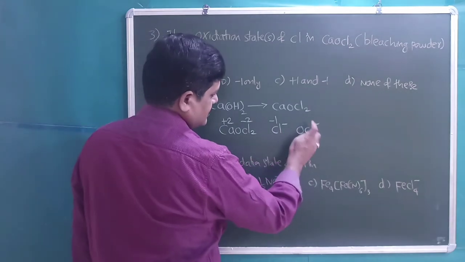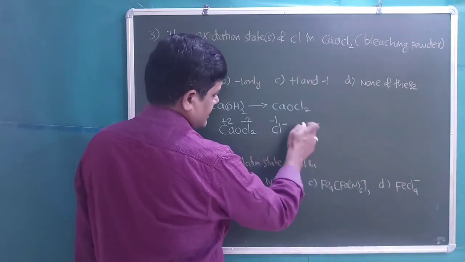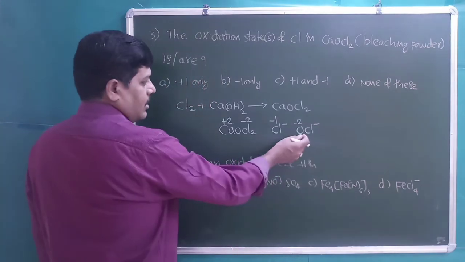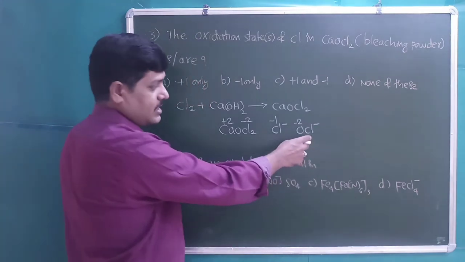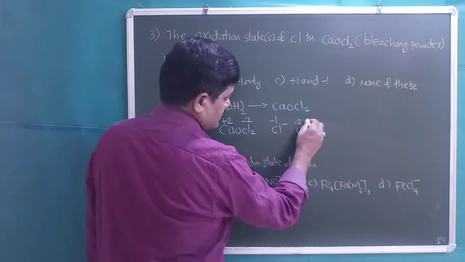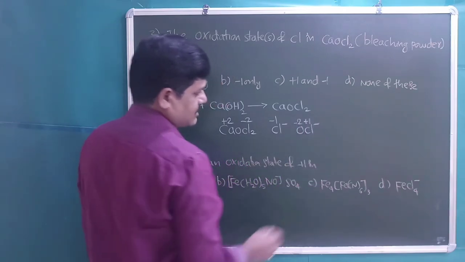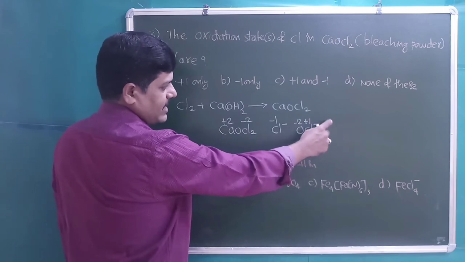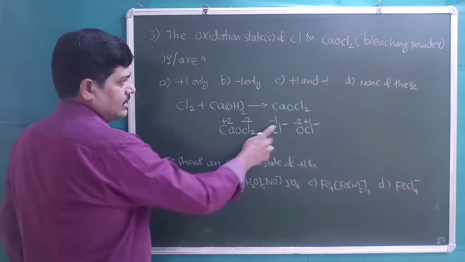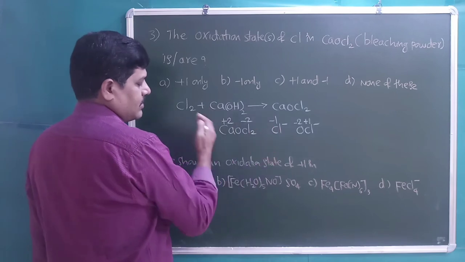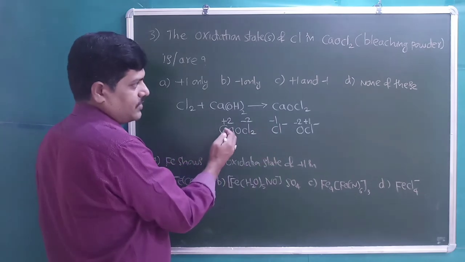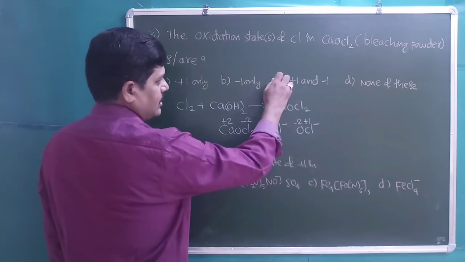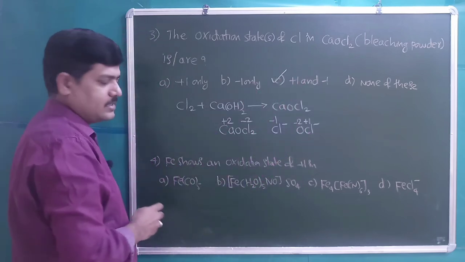Here the oxidation state of oxygen we have to assign first. It is -2 because oxygen is more electronegative than chlorine. Then chlorine should have oxidation state of +1, so that the sum of the oxidation states is -1. So in the bleaching powder, chlorine has two different oxidation states: one is +1, the other is -1. So option C is correct.